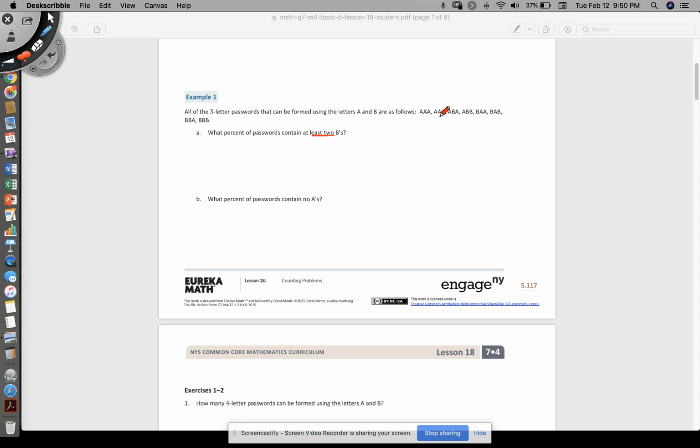Well, no B's there, only one there, only one there. That one has 2. Excuse me, only 1 B. This one has 2 B's. That one has 2 B's. This one has 3. Since it said at least, that means I could have more. So I have 4 out of the possible 8 combinations, which is half. And as a percentage, that's 50%.